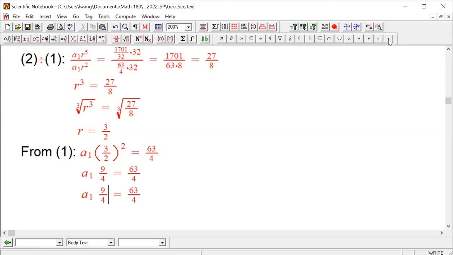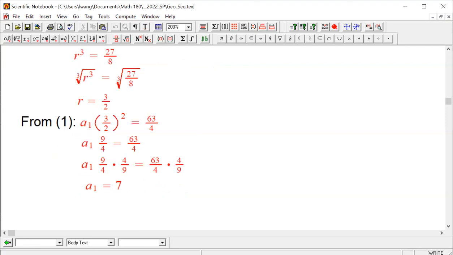We multiply both sides by the same number, the reciprocal of 9/4, which is 4/9. After that, we reduce it, because a1 is now by itself on the left-hand side. On the right-hand side, 4 and 4 reduce, 63 divided by 9 is equal to 7.